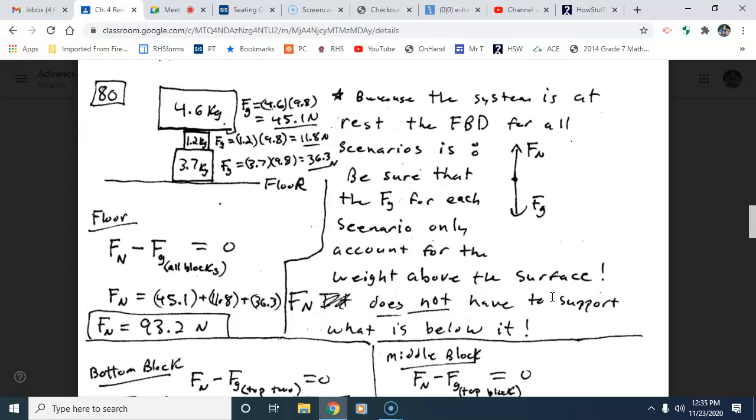This surface right here only has to support what's above it, right? The surface of this block. Just don't count what's below it. When you're finding normal force, if there's an object below the surface, that doesn't matter. It's only what's above it. So the normal force here is just the combined weight of these two. The normal force on the floor is the combined weight on all three, right? The normal force right here is just the weight of the top block. If you get that concept, that should be a fairly easy problem.